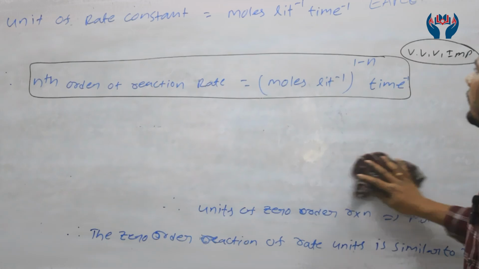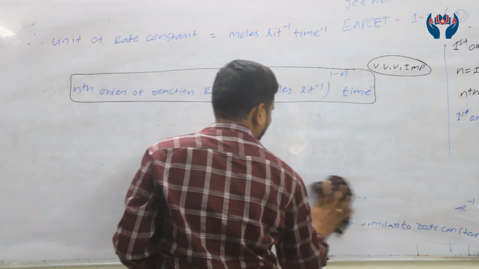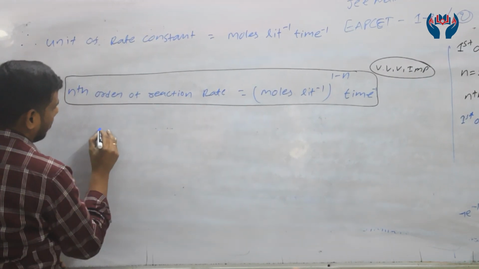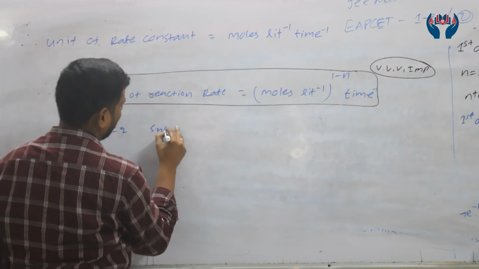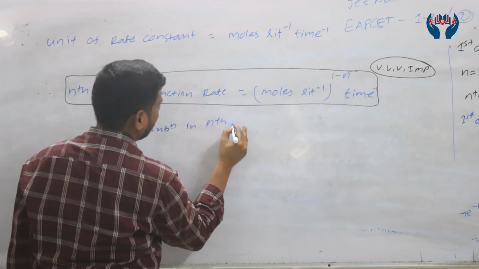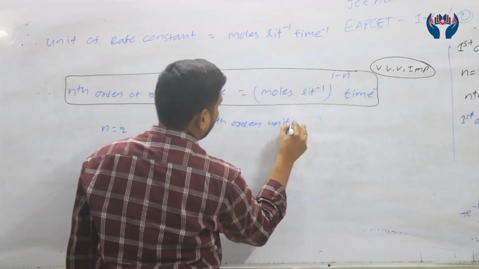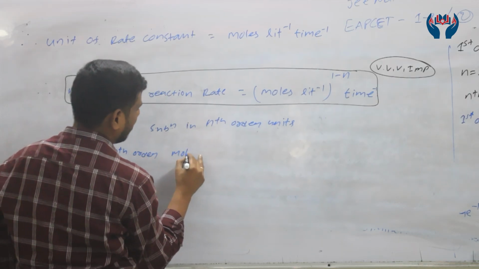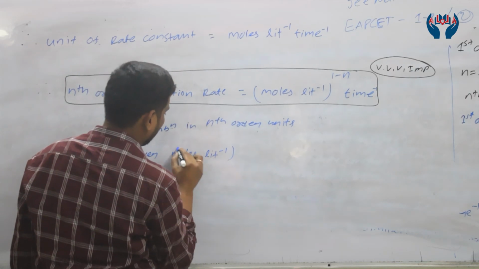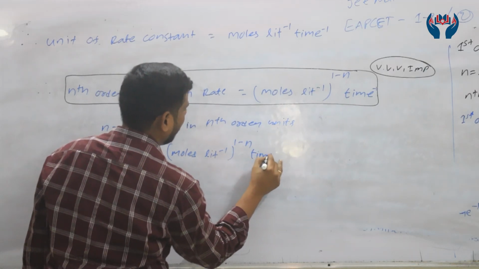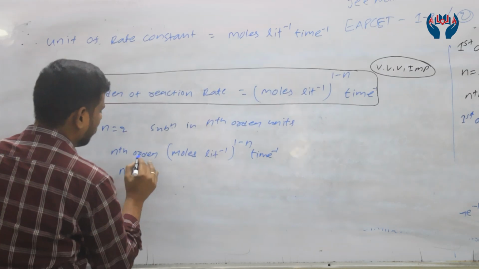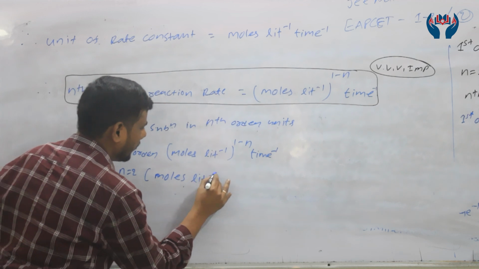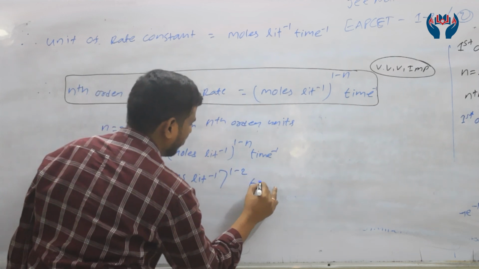Substituting n equal to 2 in this nth order units: moles liter inverse to the power 1 minus n per time.